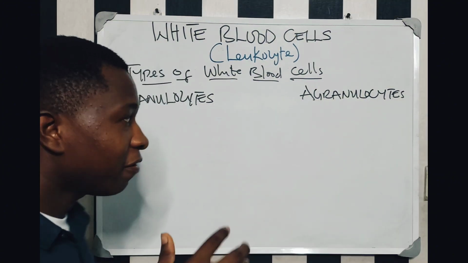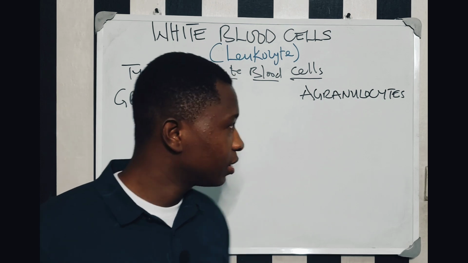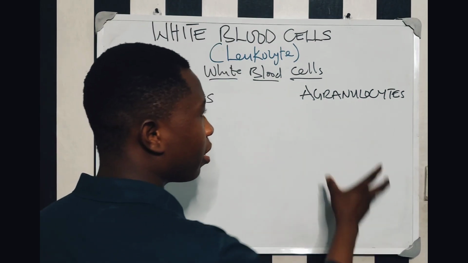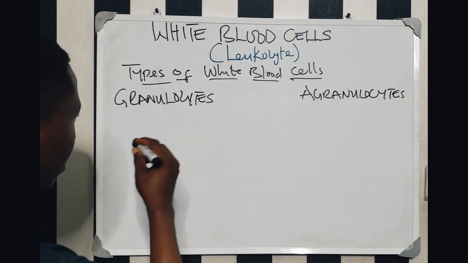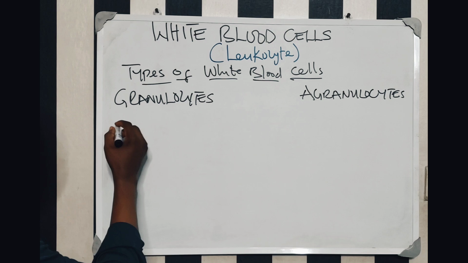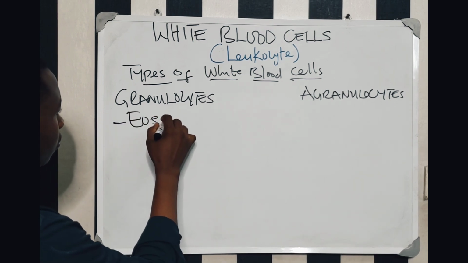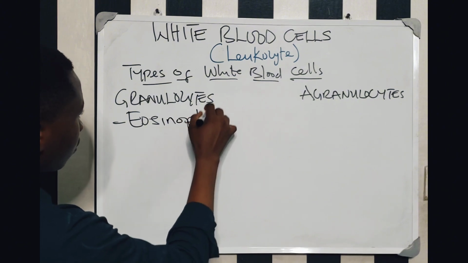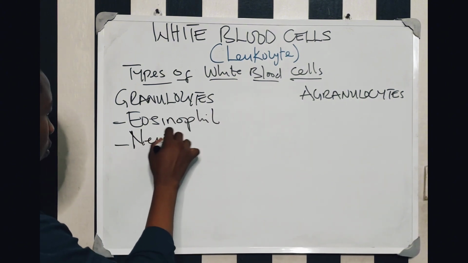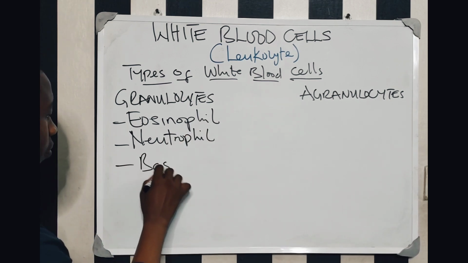Now, basically, there are 5 types of white blood cells, right? 3 of which are granulocytes and 2 of which are agranulocytes. The granulocytes, or the granular white blood cells, are the eosinophil, the neutrophil, and the basophil.